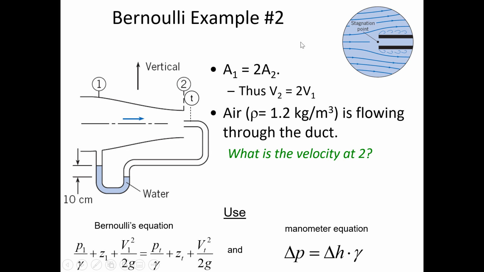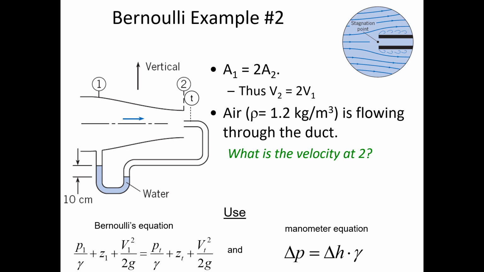The air runs into the tube and stops. There's just some air that's stuck there. And inside the tube there's no motion. The reason I bring it up is that V sub T is 0, so I don't even write it. So here is Bernoulli's equation: P1 divided by gamma plus V1 squared divided by 2G is equal to P sub T divided by gamma.